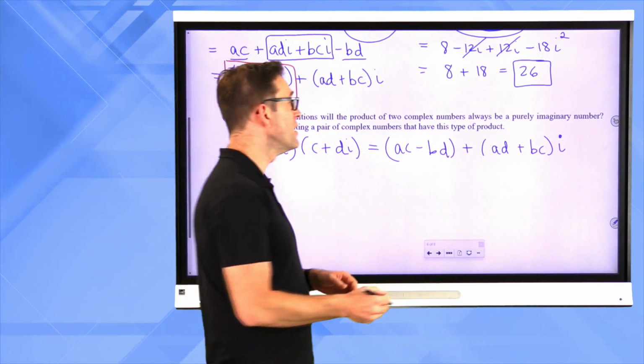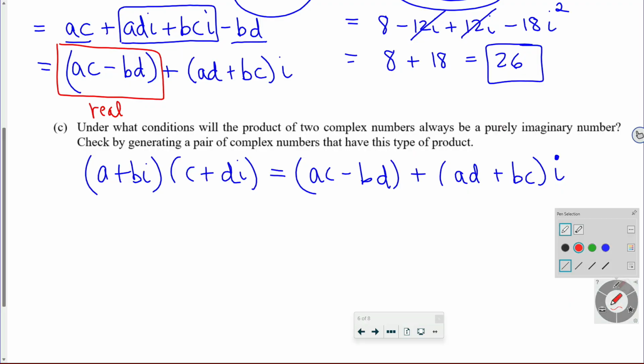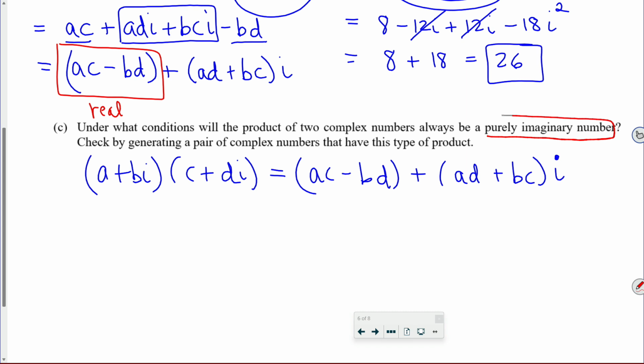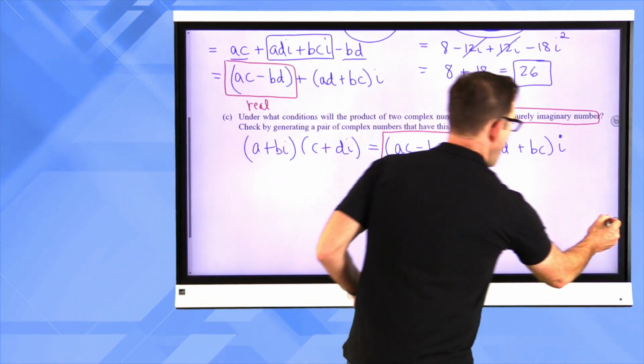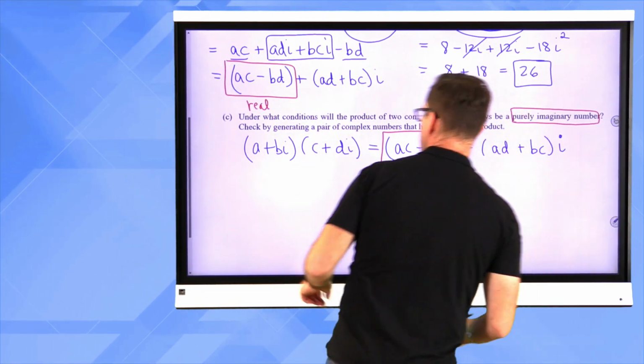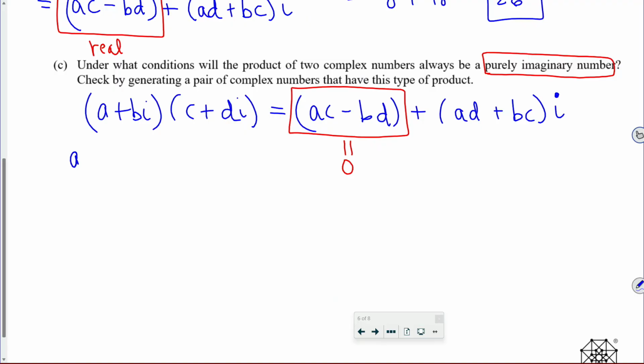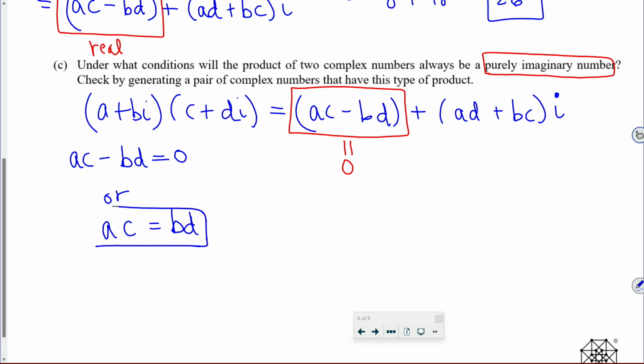Well, this is going to be, let me change to red, purely imaginary if all of this is equal to 0, right? So in other words, we're going to have a purely imaginary number as long as something very special happens, right? As long as a times c minus b times d is equal to 0, or better yet, as long as ac is equal to bd, right?